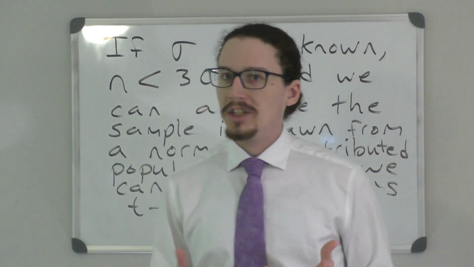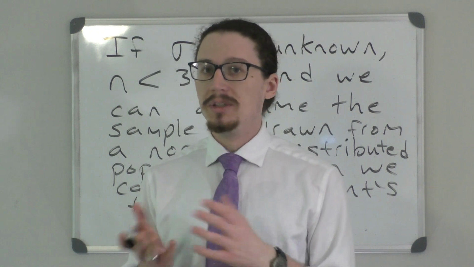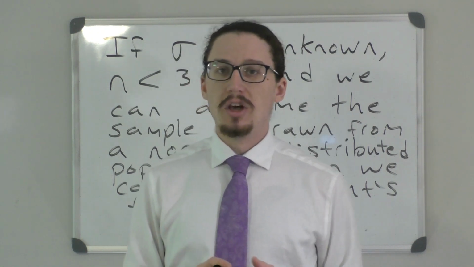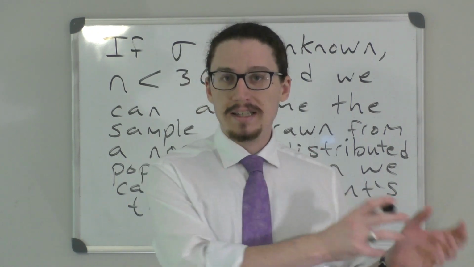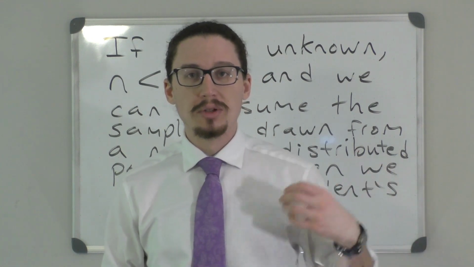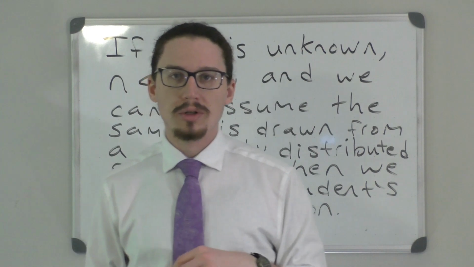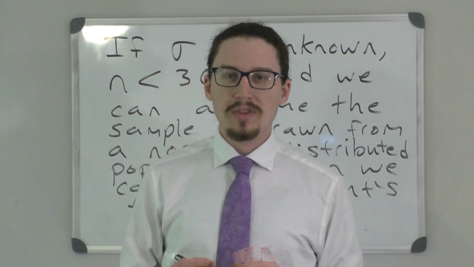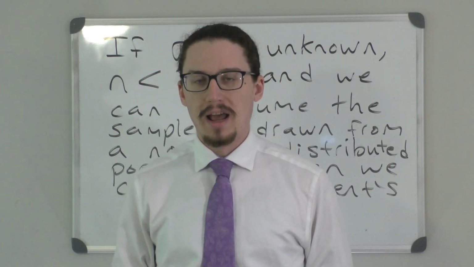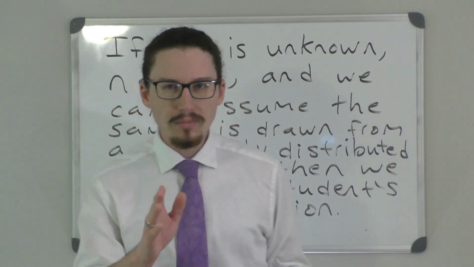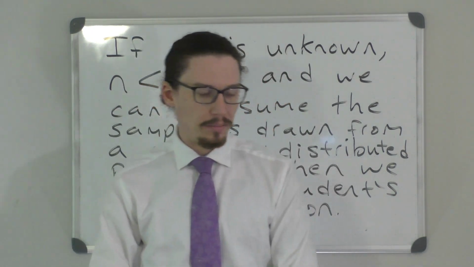If our sample size is less than 30, we can't just assume, then the central limit theorem doesn't kick in, right? And so unless the sample data we have is drawn from a normal distribution, the sample mean will not have a normal distribution.